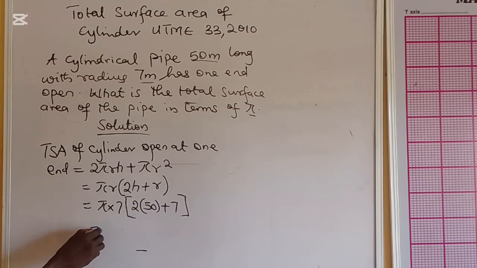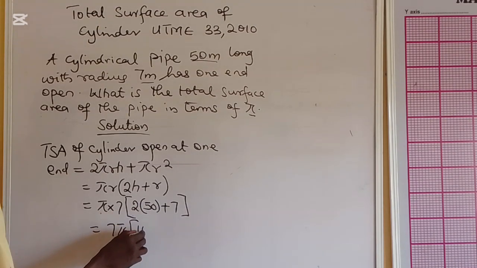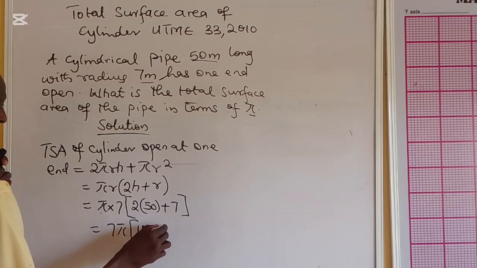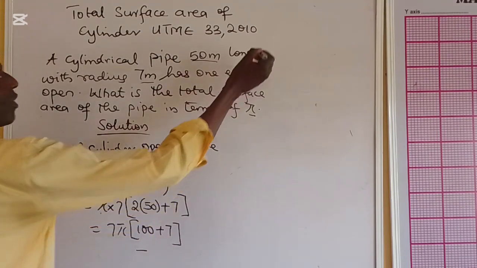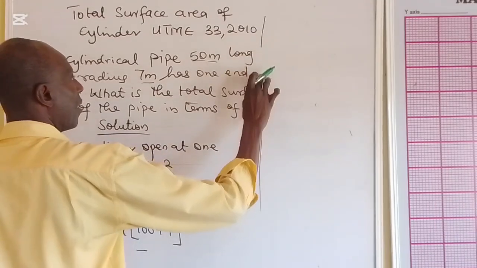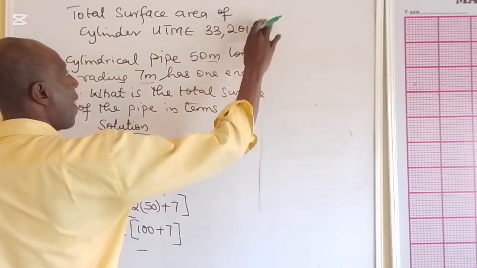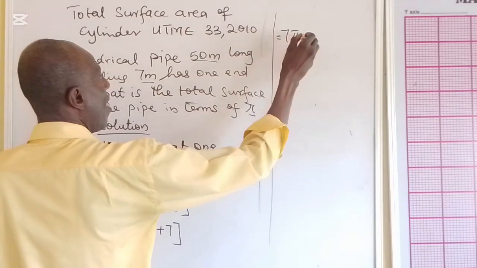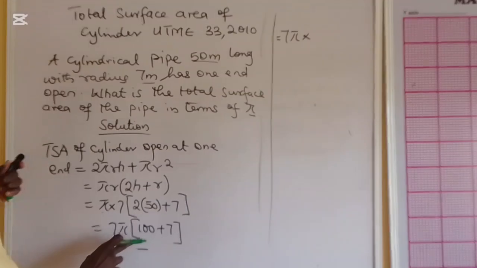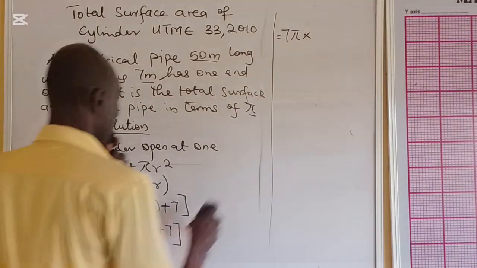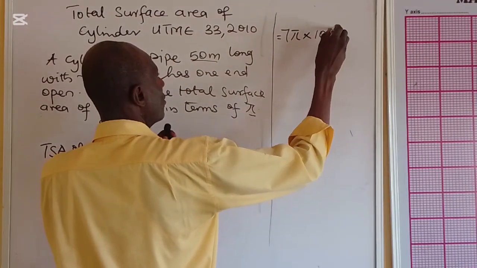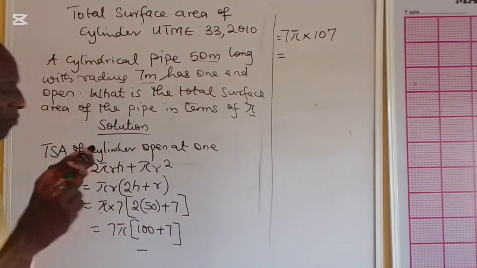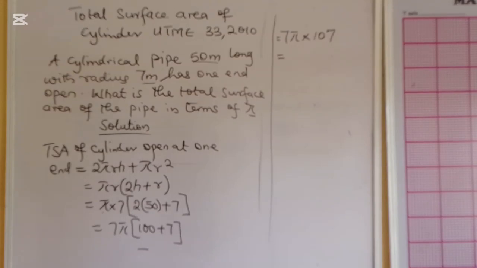So here is 7 times pi gives us 7 pi times, 2 times 50 is 100 plus 7, which is 107.